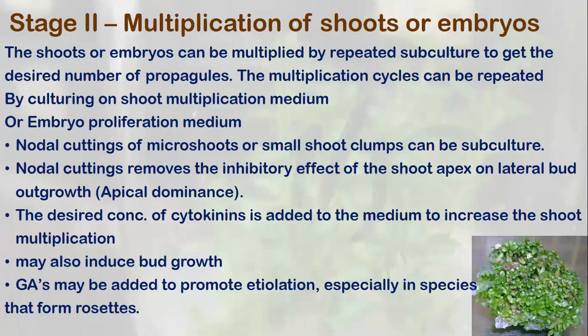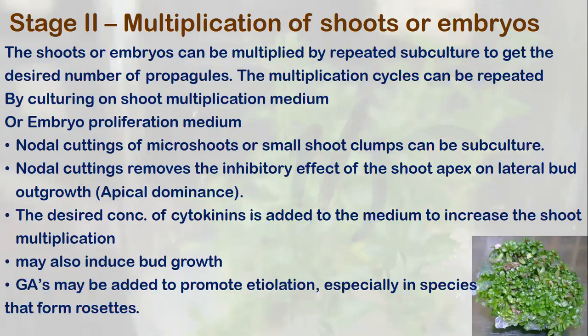So if we add a lot of cytokinin into the medium, there is enough cytokinin to be supplied to each growing bud, and then we can find a structure like this, where every shoot bud which is there tends to grow. And this is the removal of apical dominance using certain chemicals such as growth regulators, and the main among them is cytokinin.